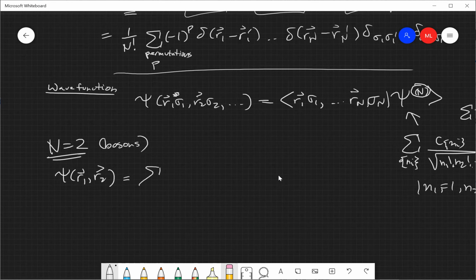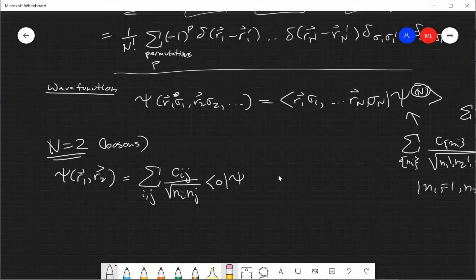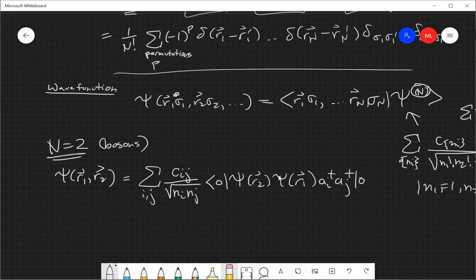It would be the sum over ij of Cij divided by the square root of n_i and n_j, and then we have the vacuum expectation value of psi R2, psi R1, acting on a_i dagger, a_j dagger, acting on the vacuum.